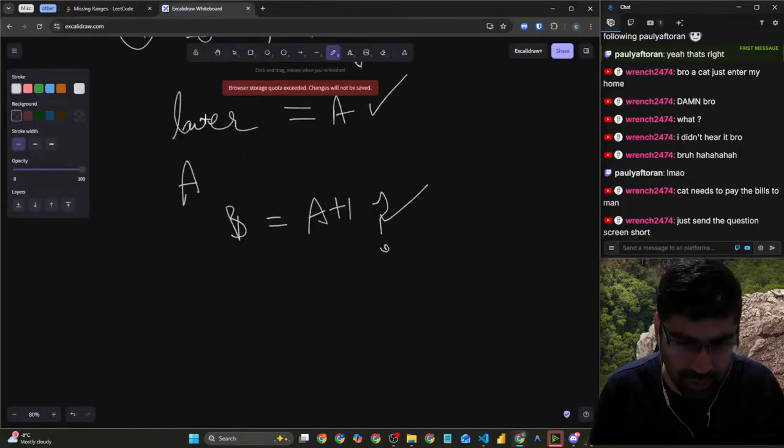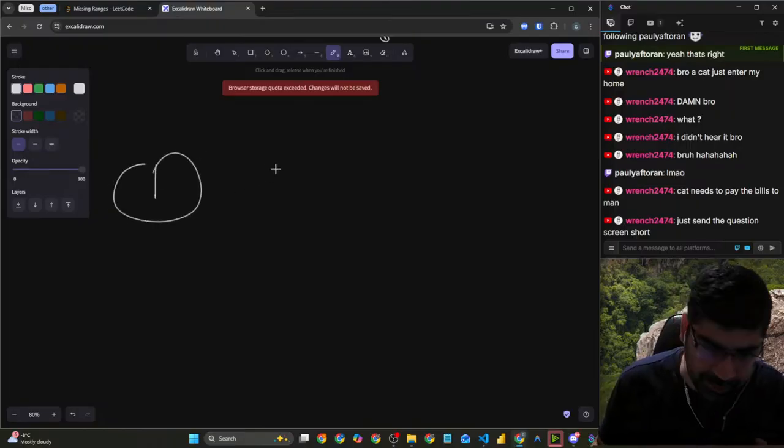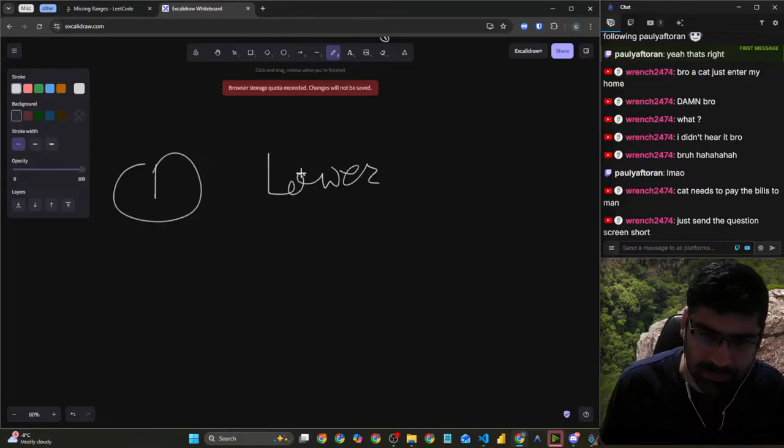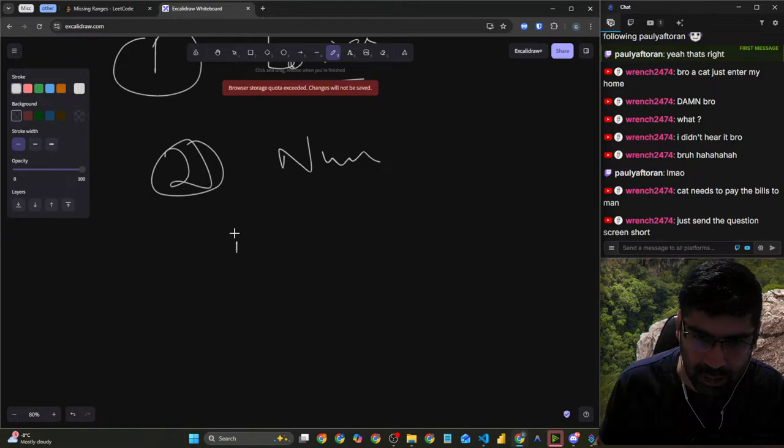So just to clarify what my mind is. First, specifically for the first one, lower. Check lower, what is lower? That will be our starting point. Go through every num.